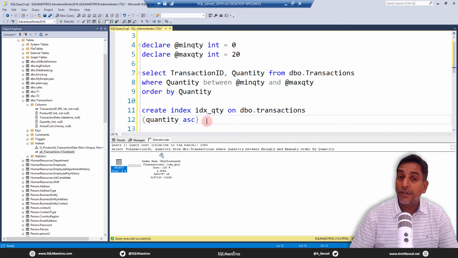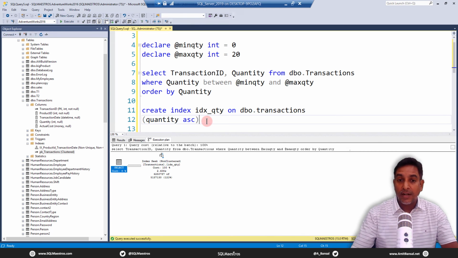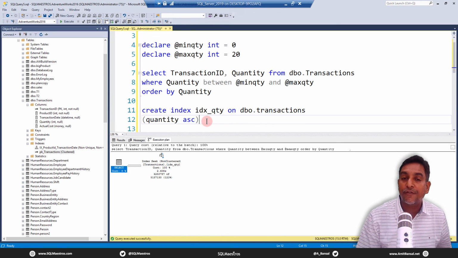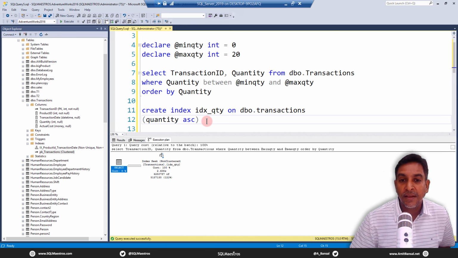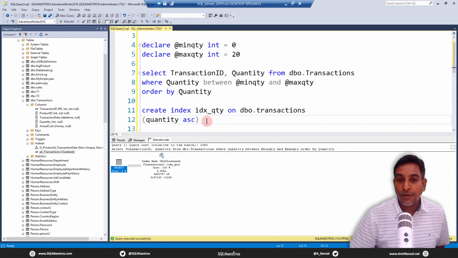But if there's no solution out there, we might want to look into creating a new index. And now you are saving on CPU cycles, you're saving on memory, and you're saving on IO, because when you're spilling down into TempDB, there's a lot of IO going on in reading pages from TempDB and writing back to those pages. Hope the demo was useful and hope you liked the content.